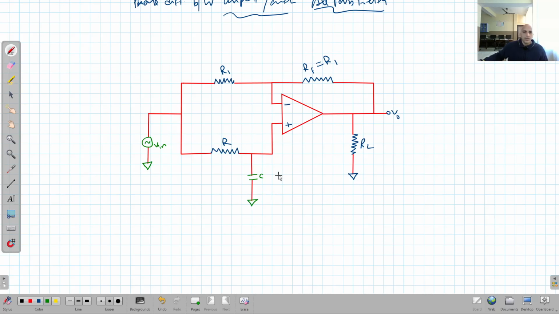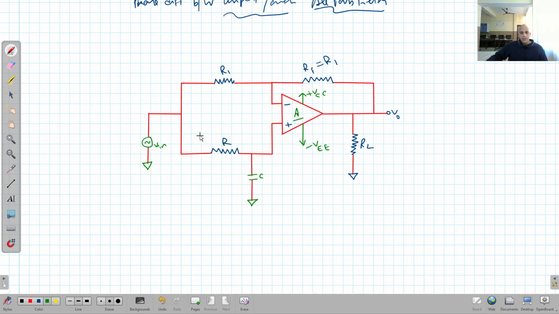So now we are left with only the supply voltage for the operational amplifier. So it is plus VCC, minus VEE. The gain of this basic amplifier is A.